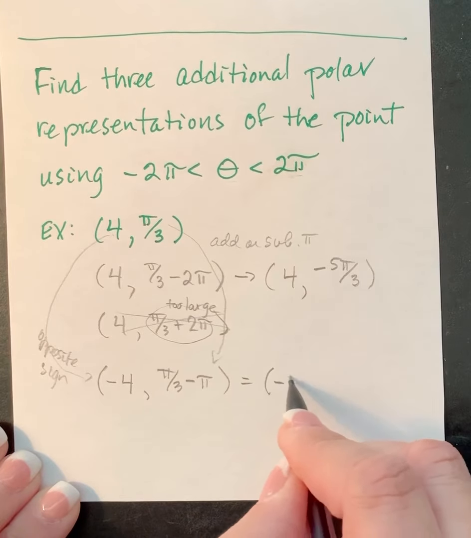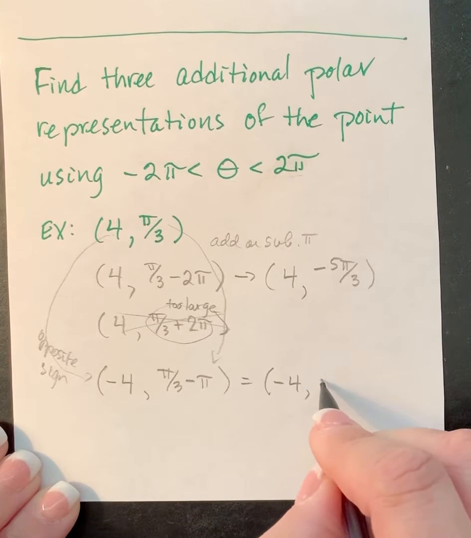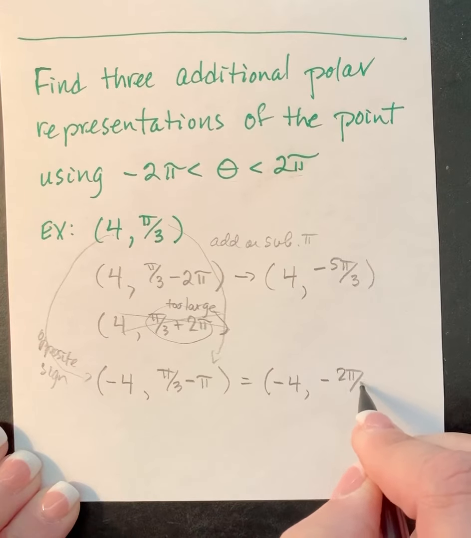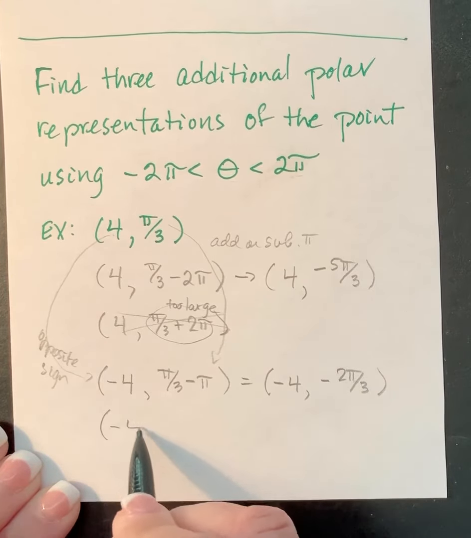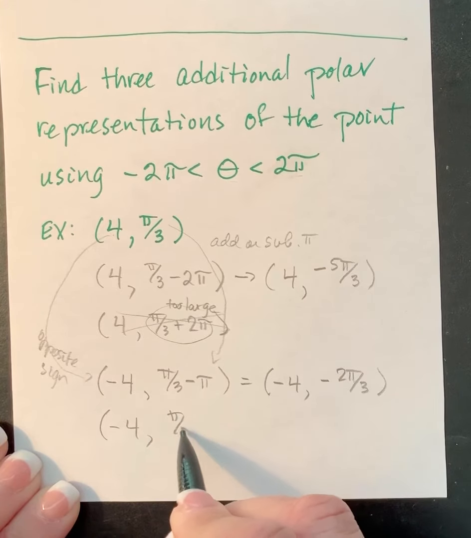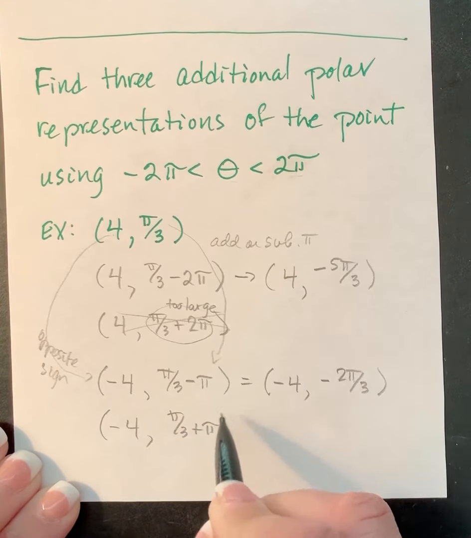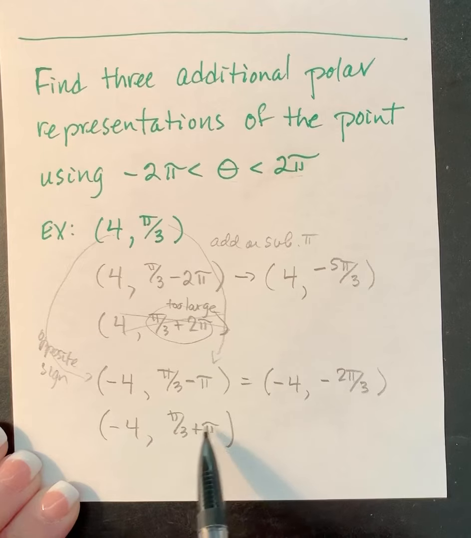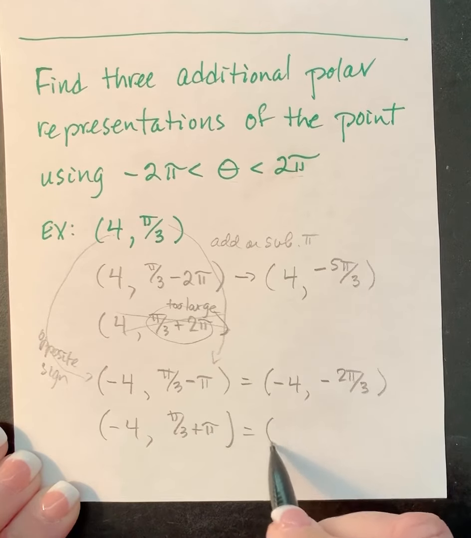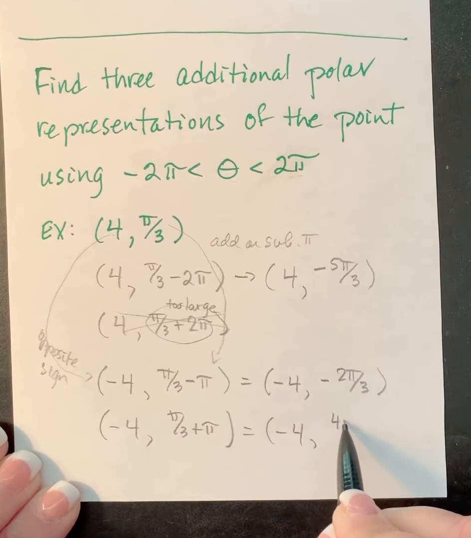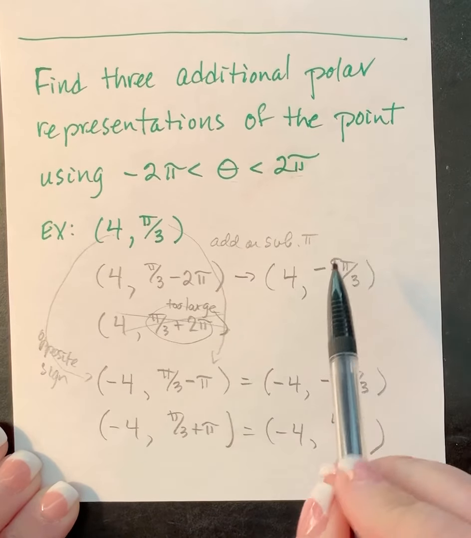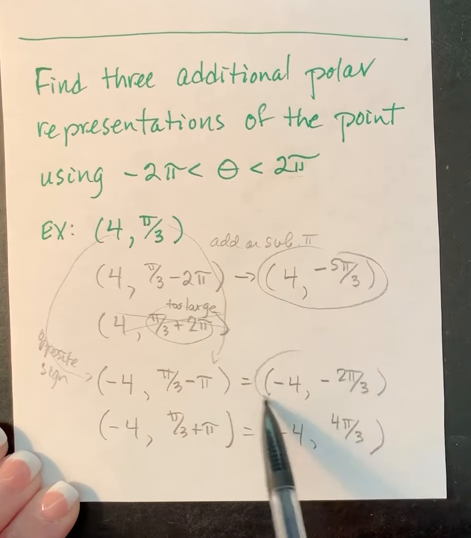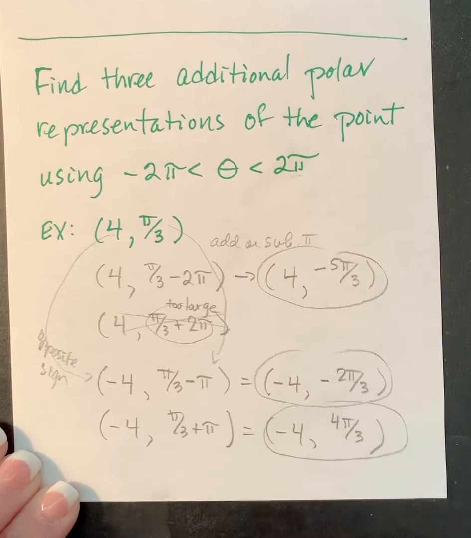That'll give me negative 2 pi over 3 for the theta value, and that fits in the range. If I add pi, that'll also still fit in the range. I'll have 4 pi over 3. So here's 3 additional ones that they had in mind.